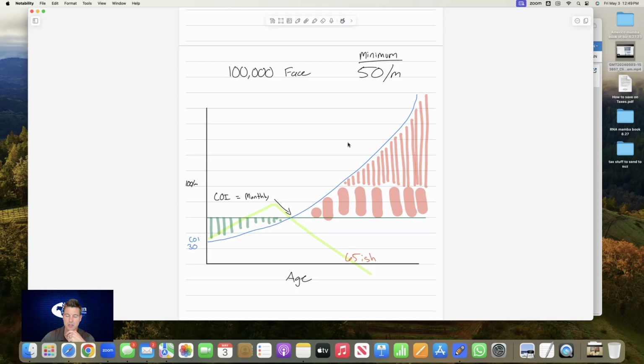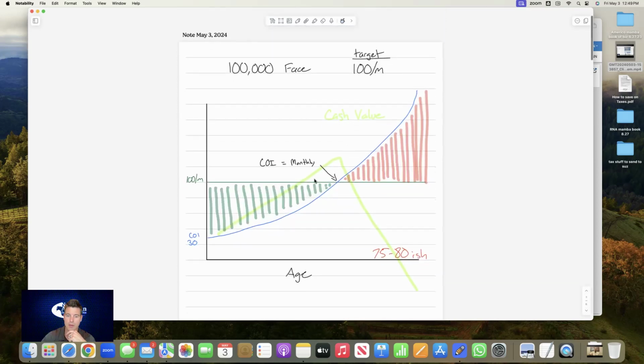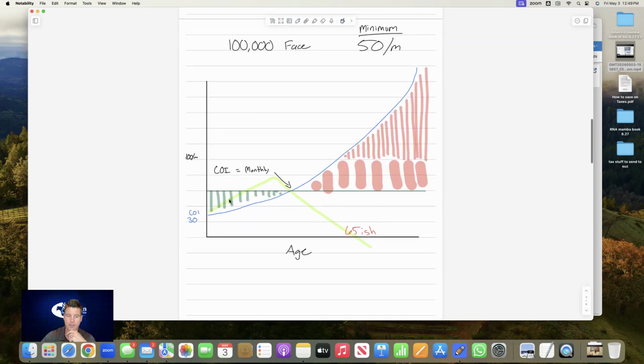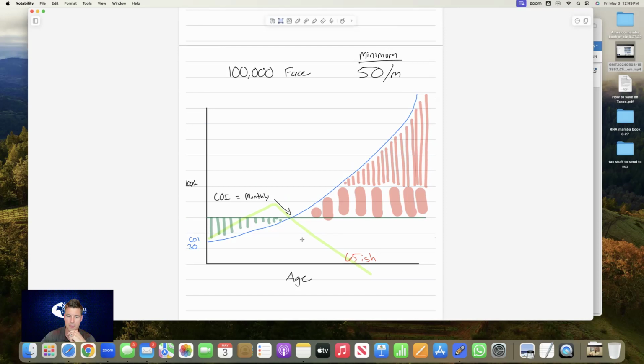So what I did, I just took the same graph and I moved the line down to $50 a month. What did that do? Well, that inhibited a lot of the cash value accumulation in the beginning stages of the policy, because we moved, see here, it should be peaking about right here. So we moved this line down from $100 a month to $50 a month.